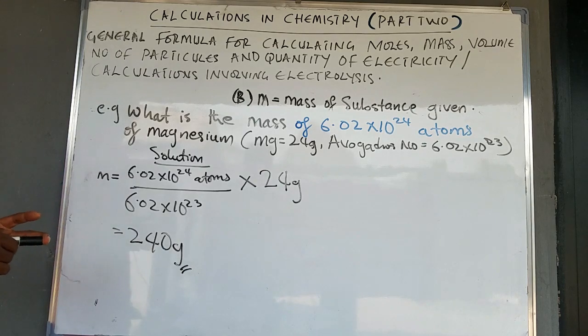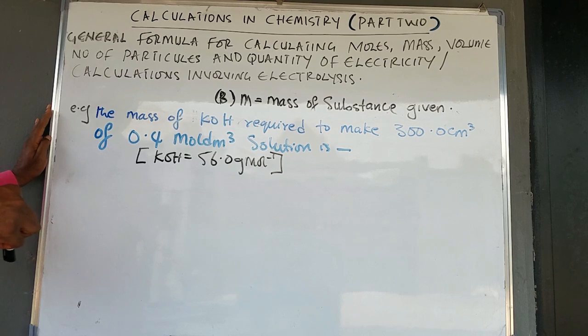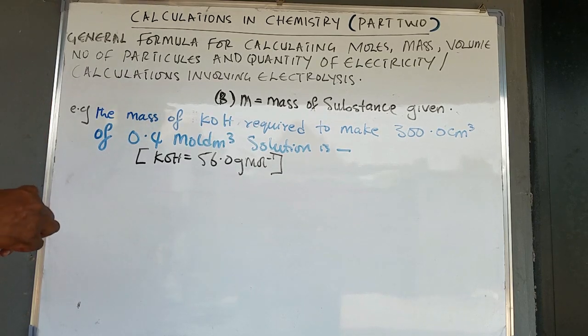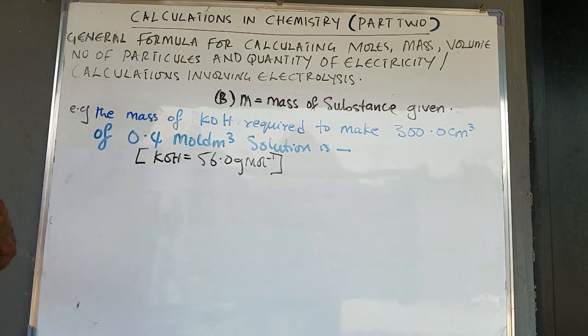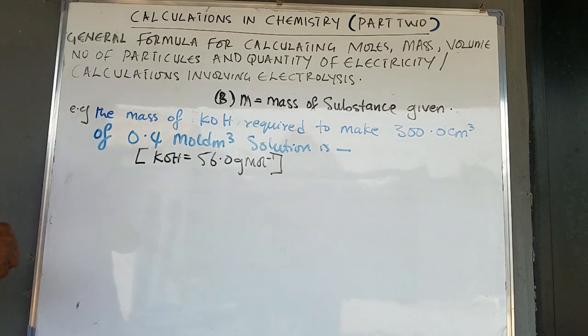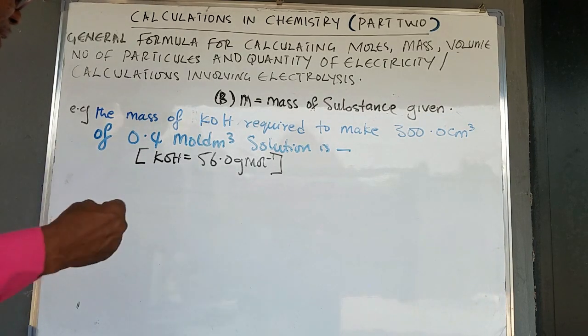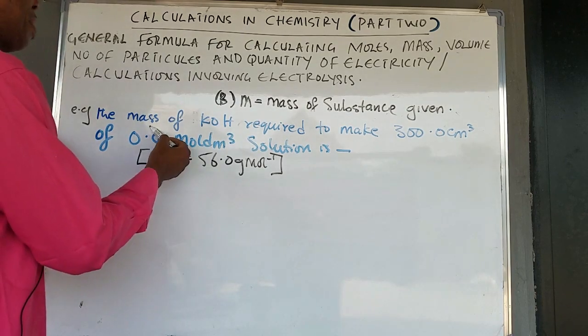Just simple understanding. Another interesting WAEC question. The mass of potassium hydroxide required to make 200 cm³ of 0.5 mole per dm³ solution is dash. That's very simple. And they gave you the molar mass because you're looking for what? Mass.